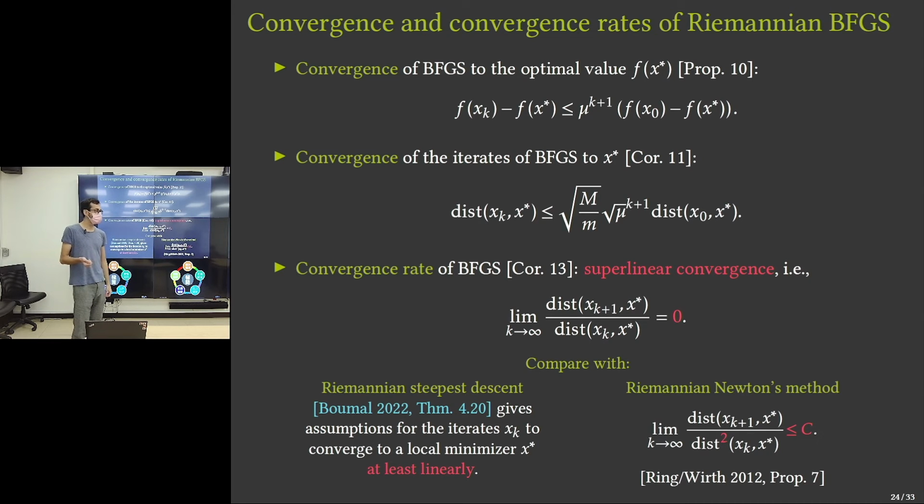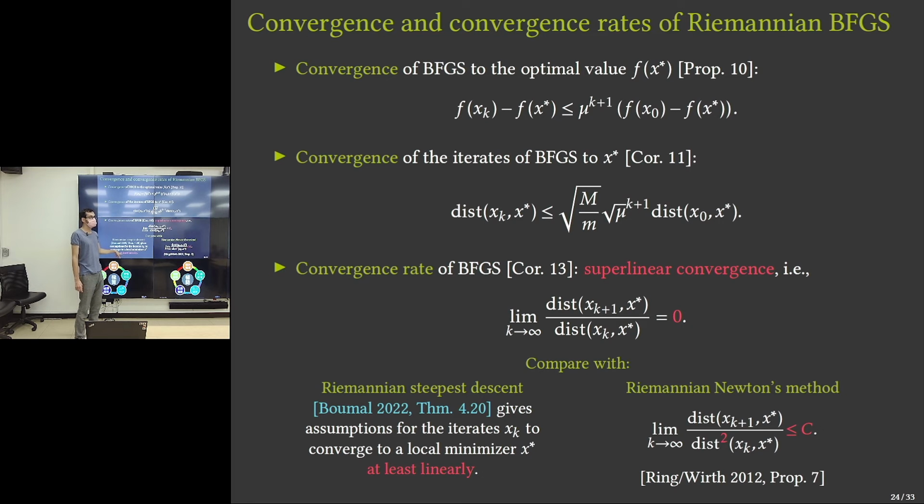Linear convergence is the typical result for the steepest descent method in the Euclidean setting, and it also translates to the Riemannian setting, and you can find the details in the same book, which gives convergence of steepest descent to a local minimizer in the iterates, with a formula like this one.